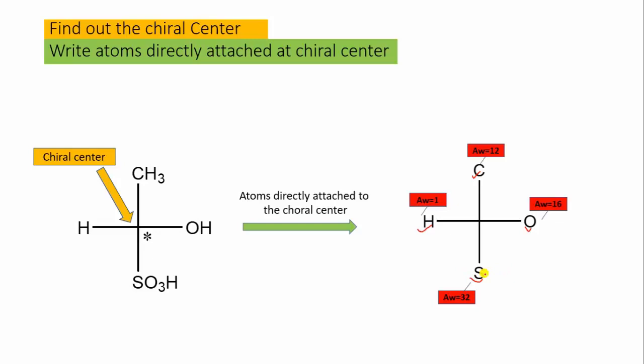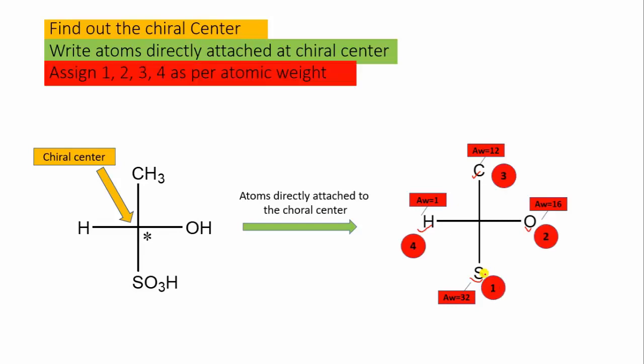Then according to atomic weight, you have to give the priority number. First is sulfur, second oxygen, then third is carbon and fourth is hydrogen.